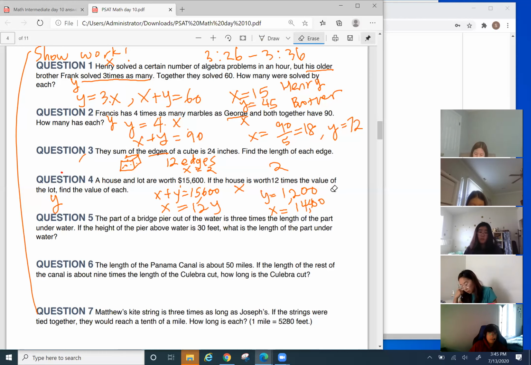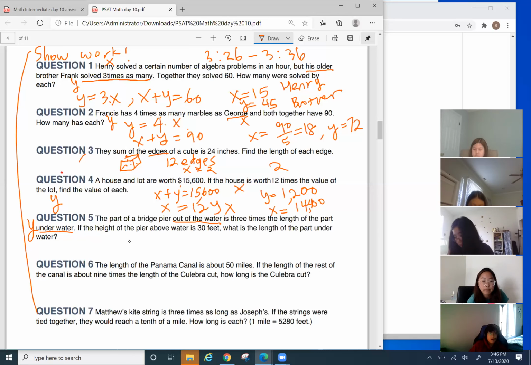Okay, next one. Nuri. Length of the part underwater as y, and then the part out of water as x. But it's 3x equals 30.